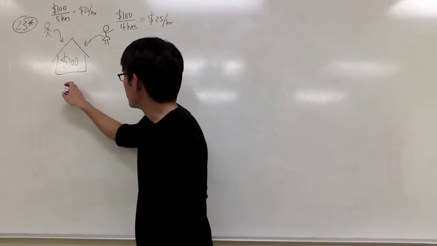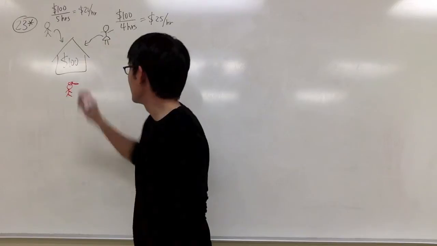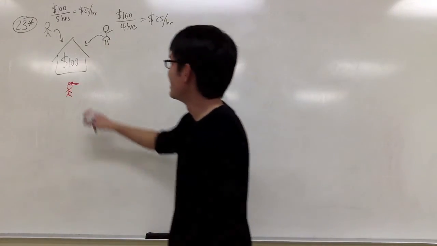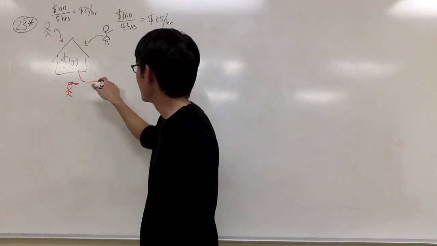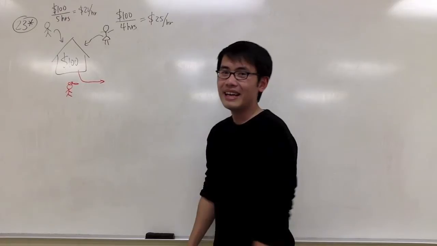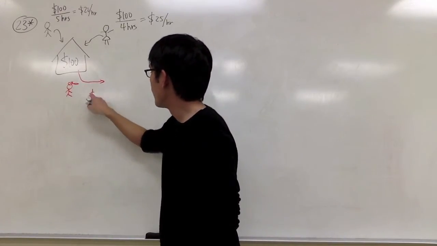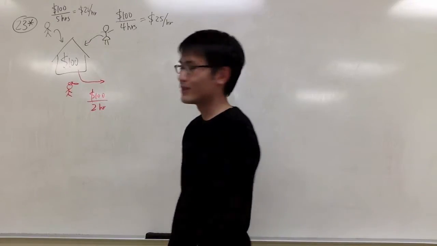And let's say this is the son right here, and he is out to spend money. It's like he is constantly taking the money out to spend. And how fast is he spending the money? Well, he spends $100 per 2 hours.